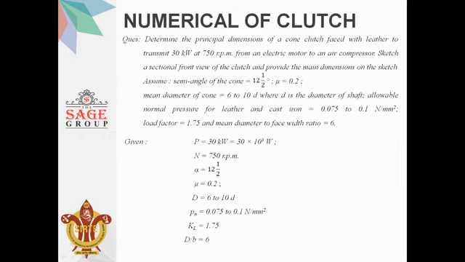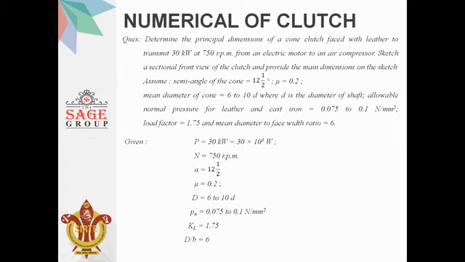Mu is equal to 0.2. Mean diameter of cone is 6 to 10 D, where D is the diameter of shaft. Allowable normal pressure for leather and cast iron is equal to 0.75 to 0.1 Newton per mm square.